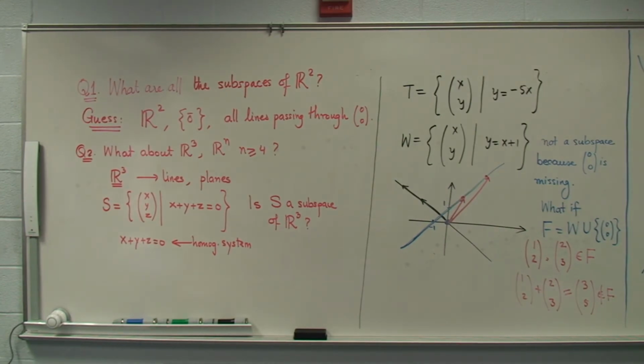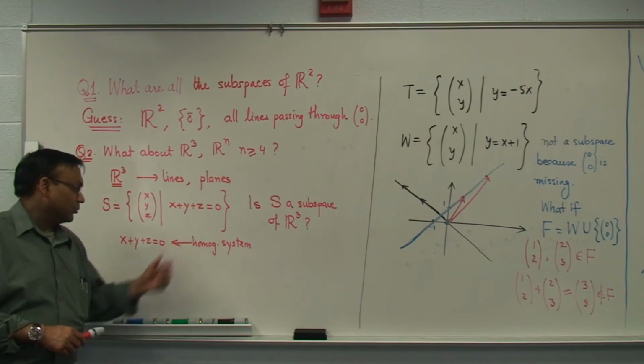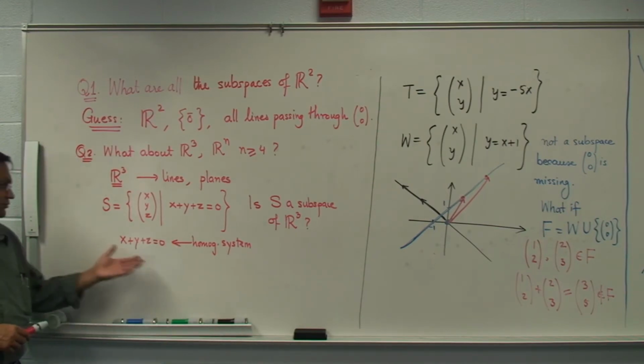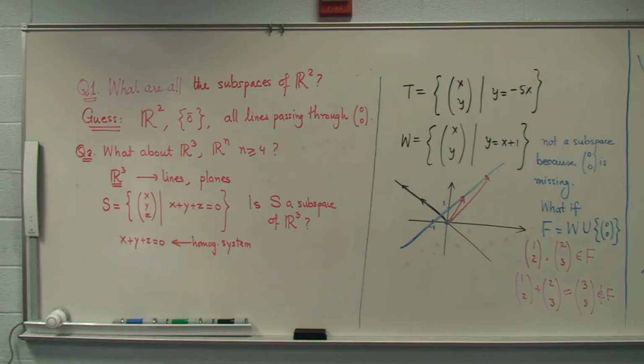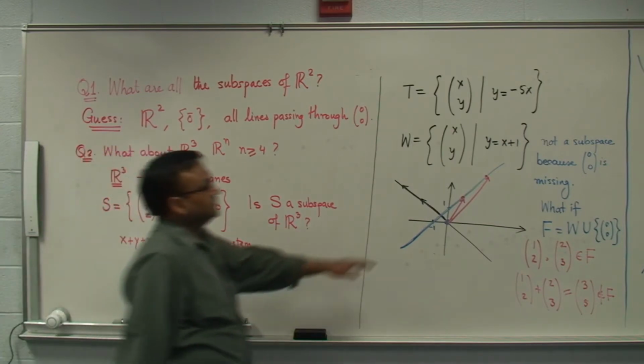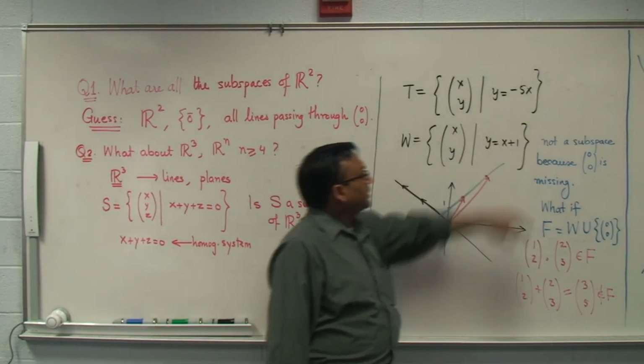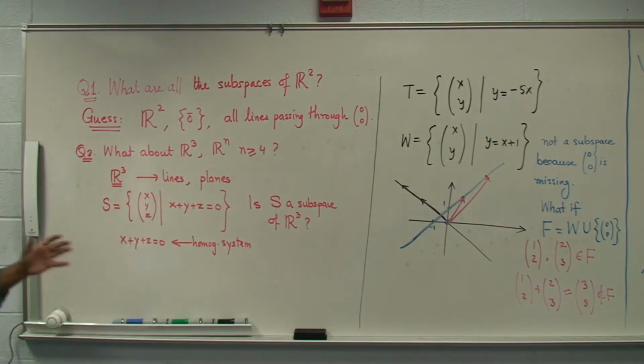It's a homogeneous system. And what did I show you a little while ago? That the solution set of a homogeneous system is actually a vector space. And S is nothing but the solution to this homogeneous system. So of course it is a subspace. That's one way of looking at it.